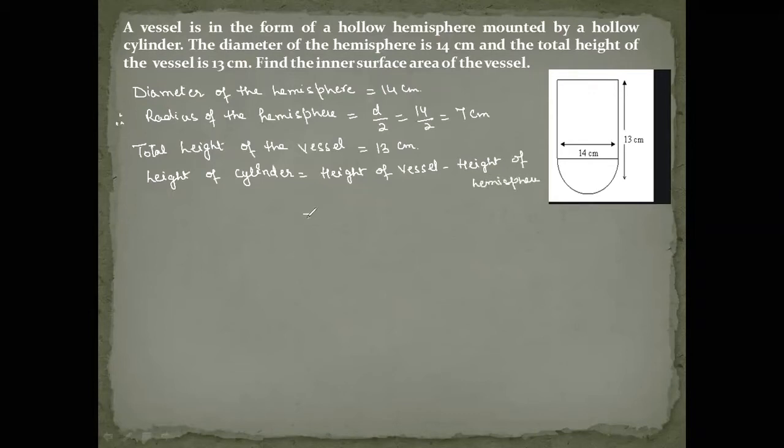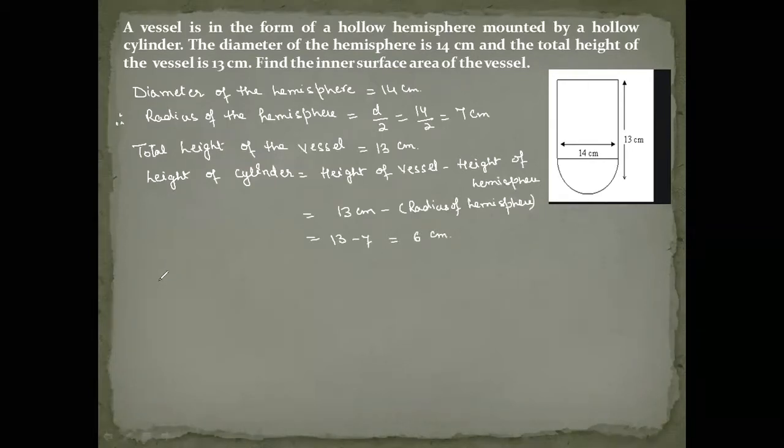So height of vessel is given 13 centimeter and minus height of hemisphere, that is the radius, or we can say radius of hemisphere. So 13 minus 7, that is 6 centimeter.